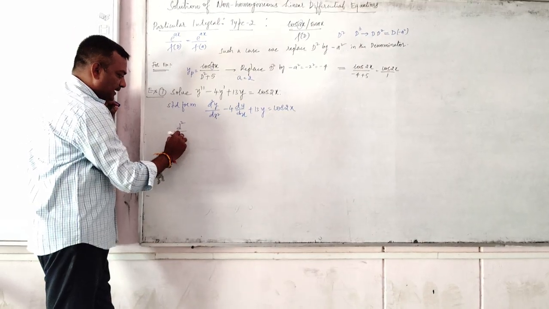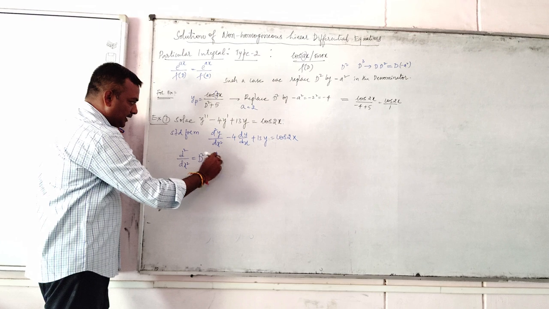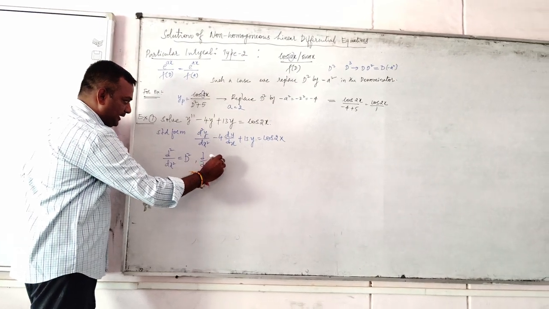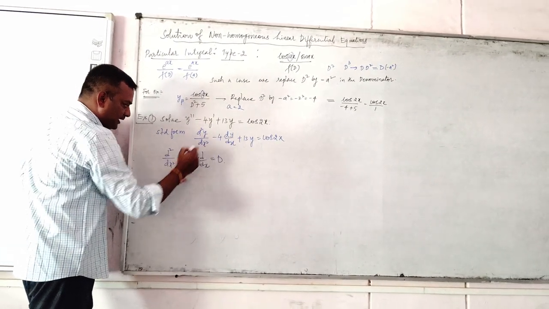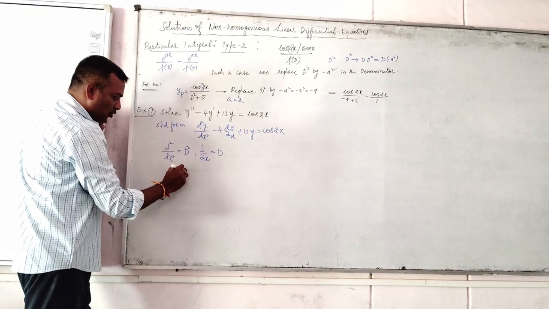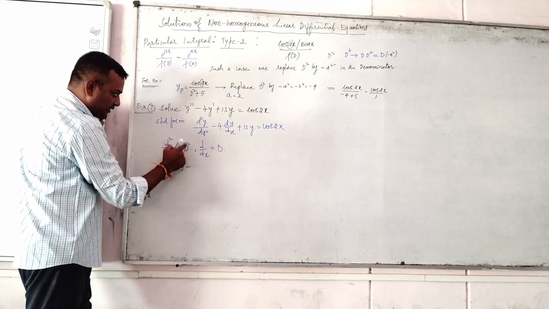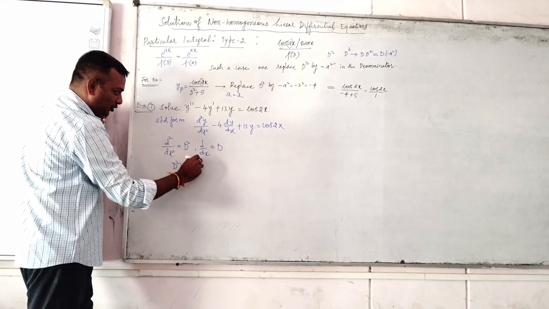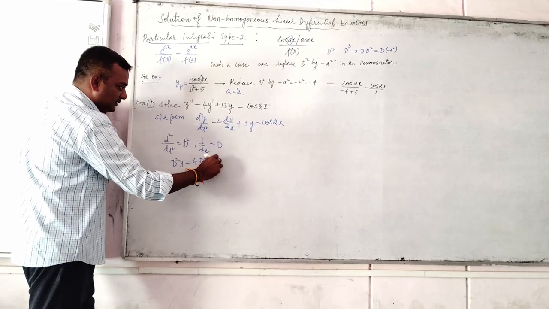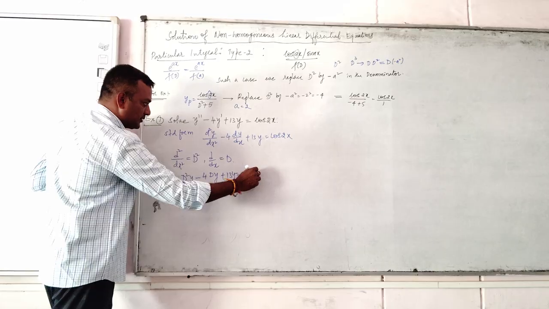Next we are going to replace d square by dx square by capital D square, d by dx by capital D. Then the above equation becomes D square y minus 4Dy plus 13y is equal to cos 2x.